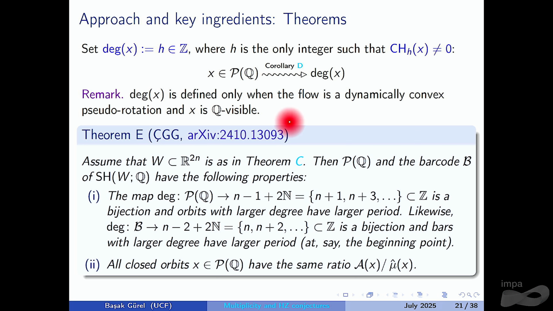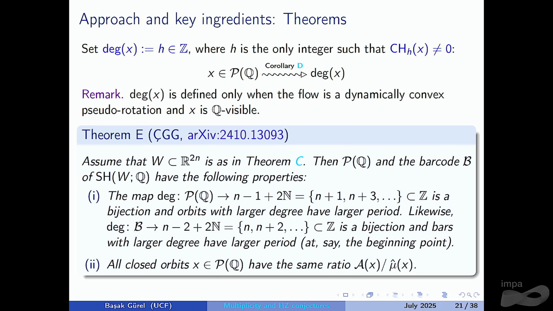I am going to take a visible orbit. Again, let me emphasize that it's only defined for a dynamically convex Reeb pseudo-rotation and when the orbit is Q-visible. Then we can associate to it a degree, which would be the Conley-Zehnder index if things were non-degenerate, obviously.